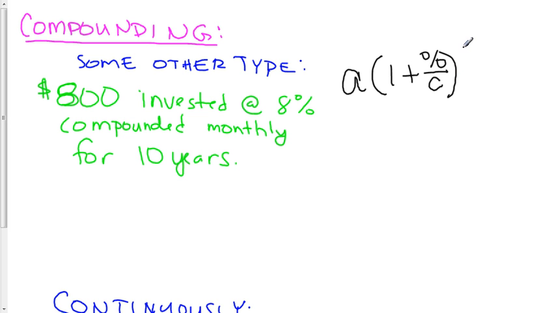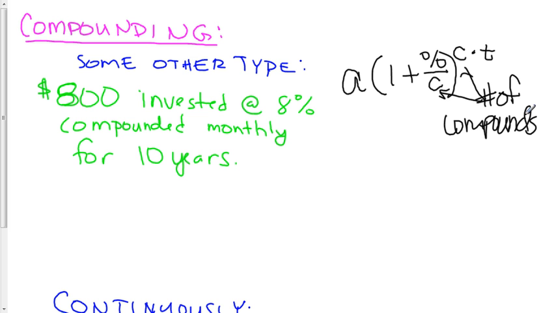And then our exponent becomes, since it's for 10 years, the compounds times the time, where these two things are the number of compounds in a year or whatever it's talking about.